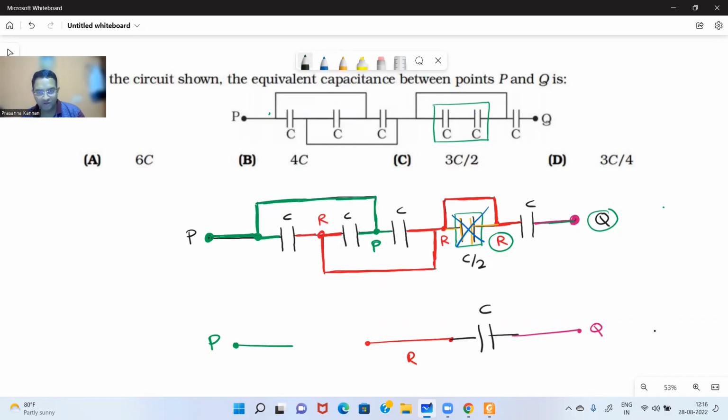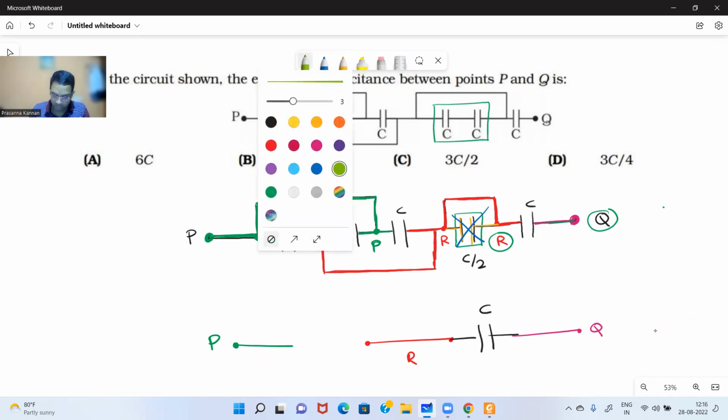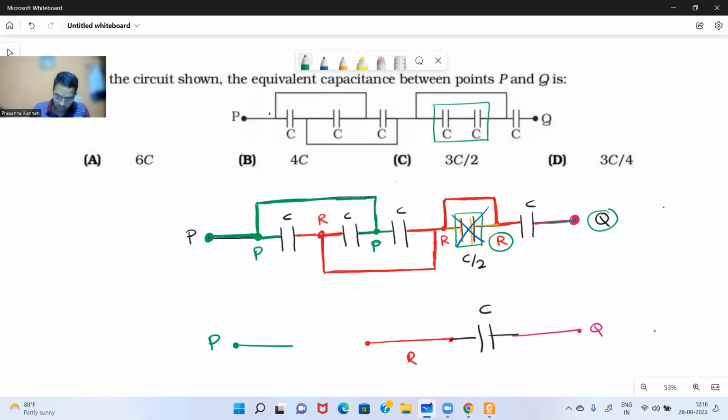Now look at P and R. Between P and R, you have one capacitor here, and one capacitor there. So how many capacitors do you have between P and R?